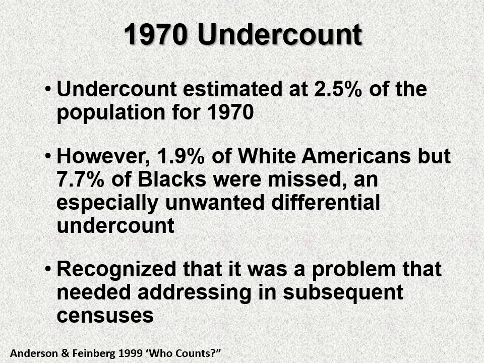However, there was a differential undercount in that minority groups, such as blacks, were missed at a much higher rate than white Americans, as you can see from the statistics I'm presenting. And it was recognized that it was a major problem that needed addressing in subsequent censuses. And there's a good book by Anderson and Feinberg about this problem.